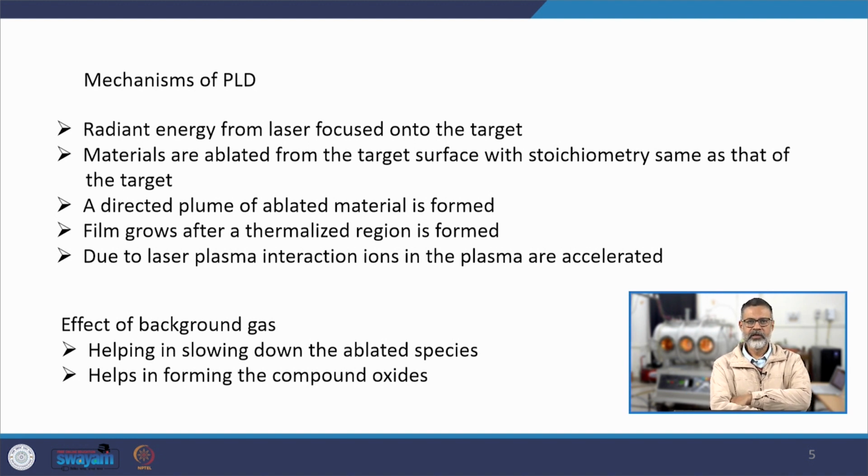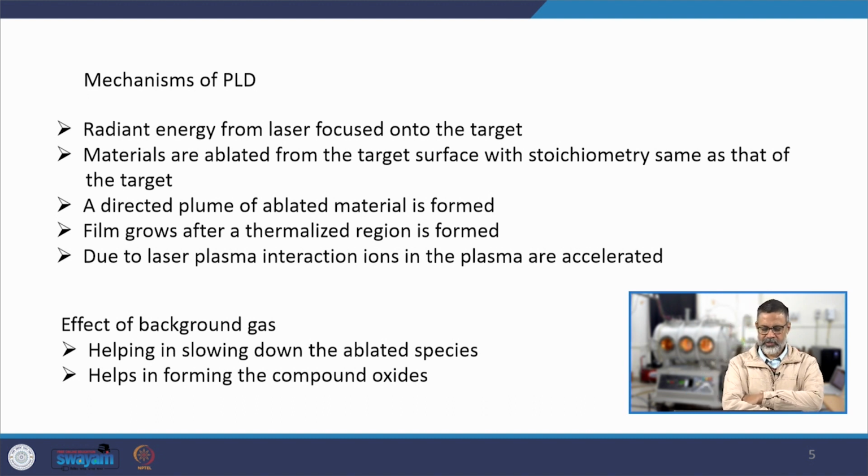All these ions and electrons move with different velocities towards the substrate, and then they recombine. They are chemisorbed or physisorbed on the substrate, and then form that same material again on the substrate.